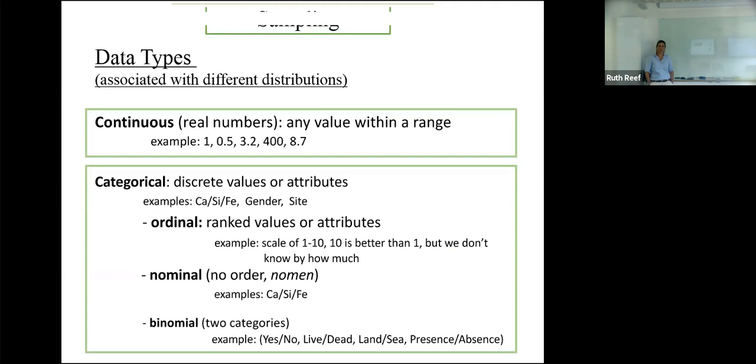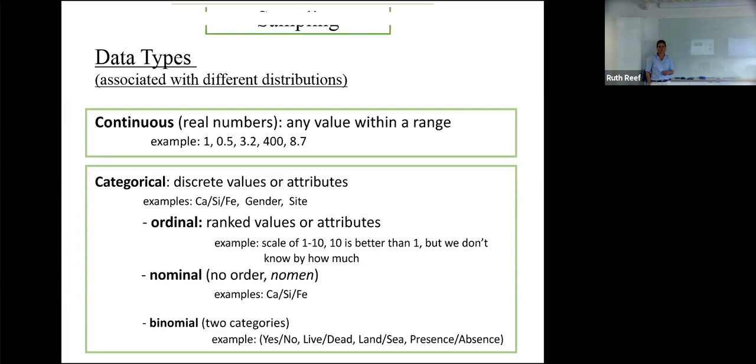Or I can have data that is categorical. In categorical data, we mean discrete values, and nothing in between, or some attribute, not necessarily a value, but it's discrete. So it's not a continuous variable. It's then divided into things that are ranked, so ordinal values. So it's a scale of 1 to 10.